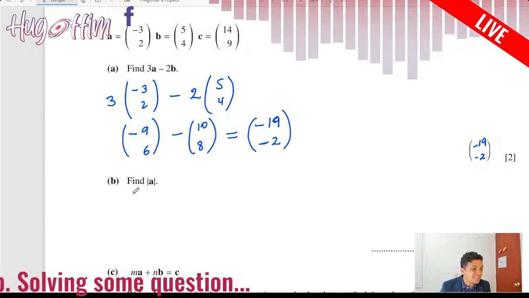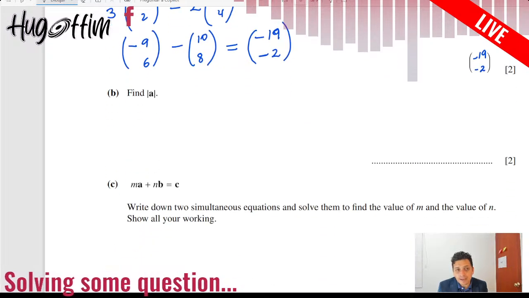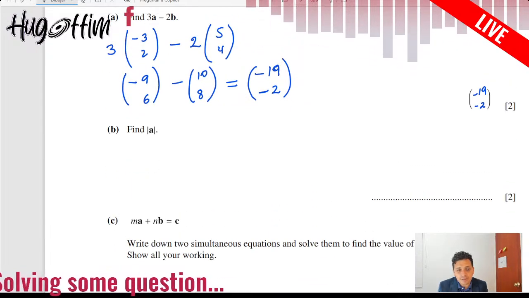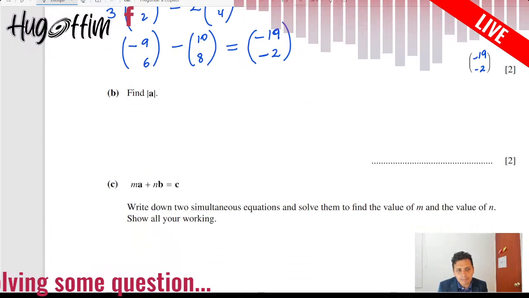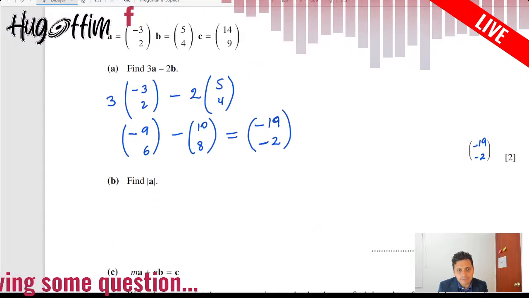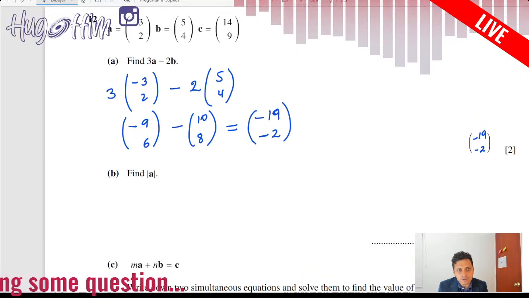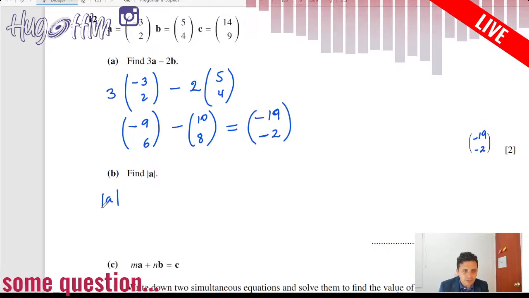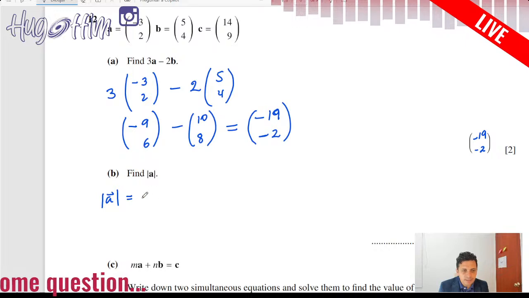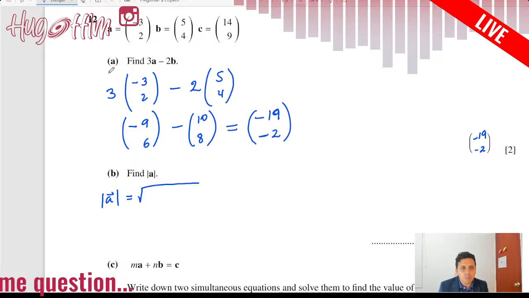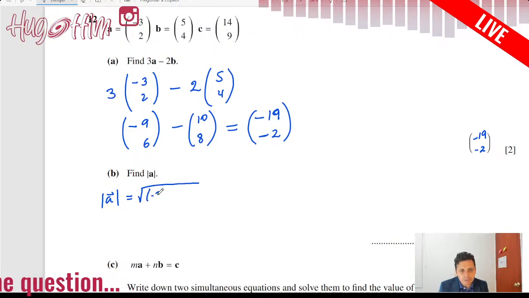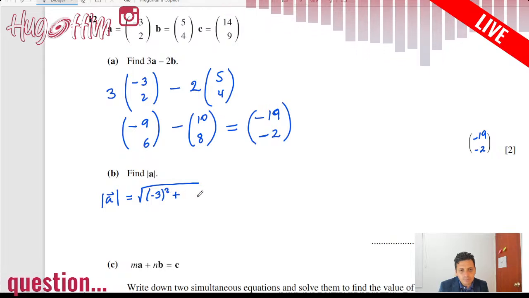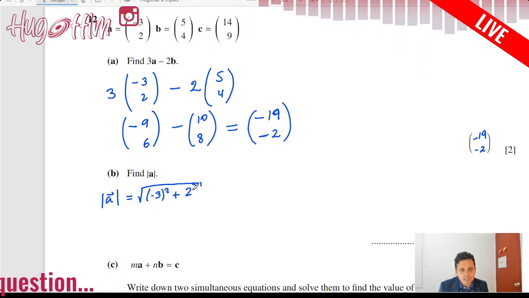Then the next one says find the magnitude of A. We gotta find the magnitude of A. So if I want to find the magnitude of A, I need to use the formula for the magnitude. So the magnitude of A is the square root of the components to the second power. So in this case, minus 3 to the second power plus 2 to the second power.